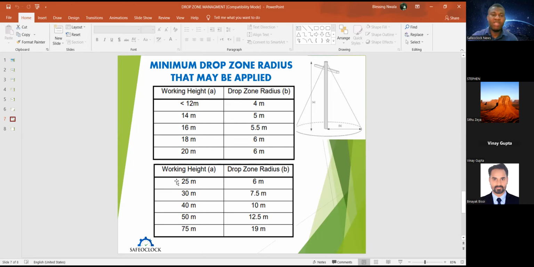Okay, now if the work at height is at 25 meters height, then the drop zone should be about 6 meters in radius.